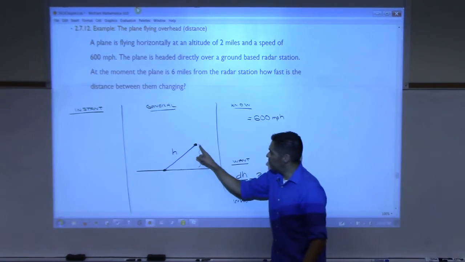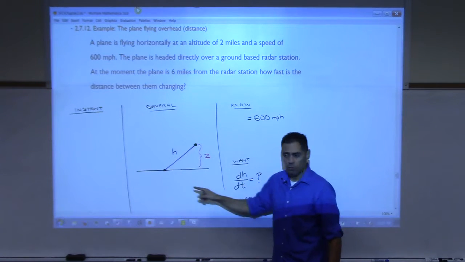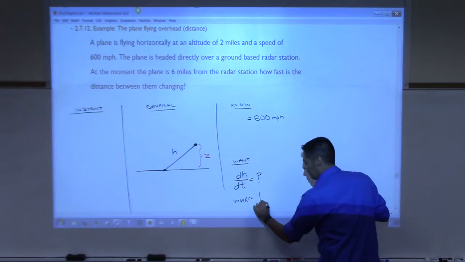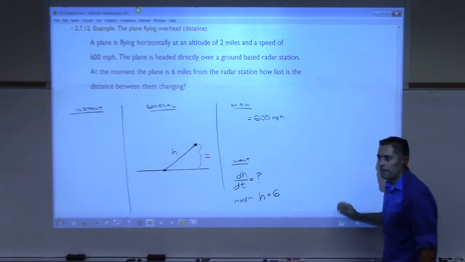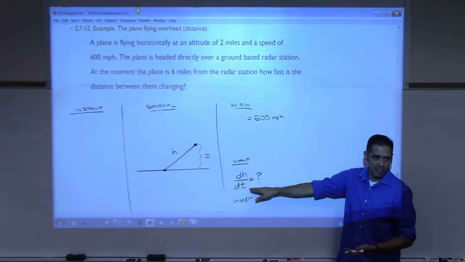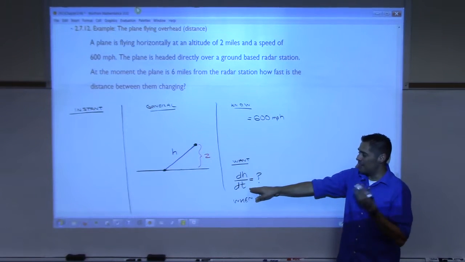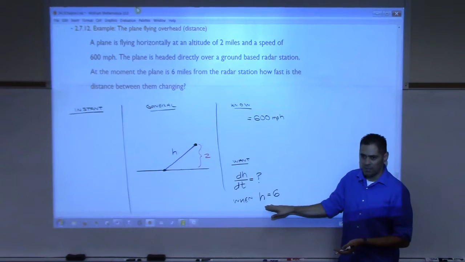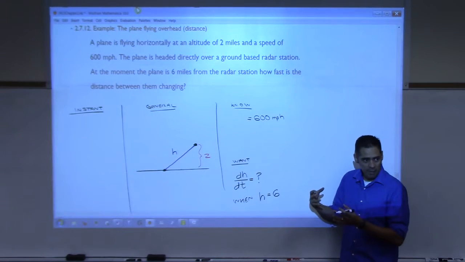So when the distance from here to here is 6, right? What are we calling that? When H is 6. I want to know how fast the distance between them is changing, what the rate of that change is, at exactly the moment that the distance is 6 miles. Okay, so things are starting to come together here, you think?